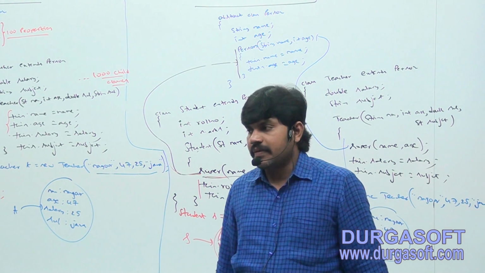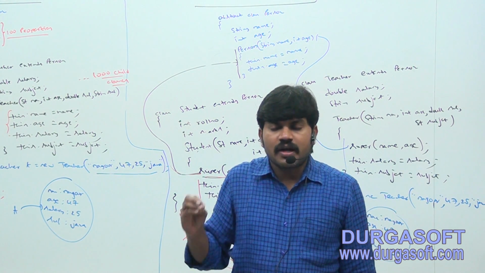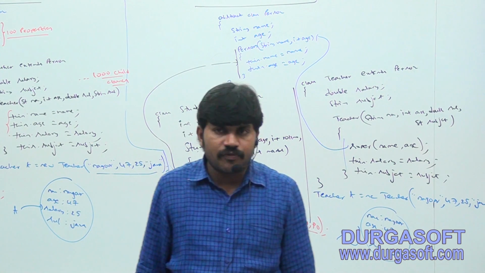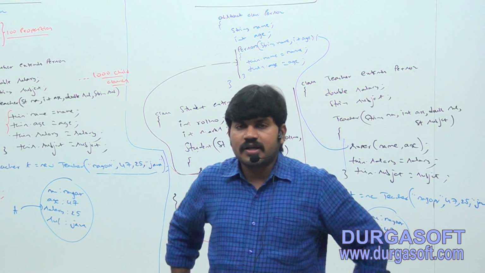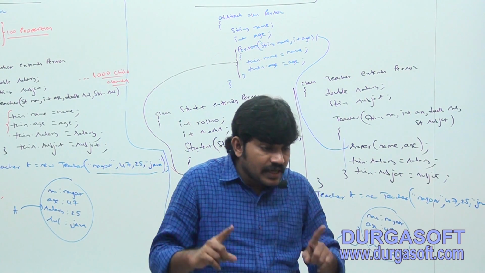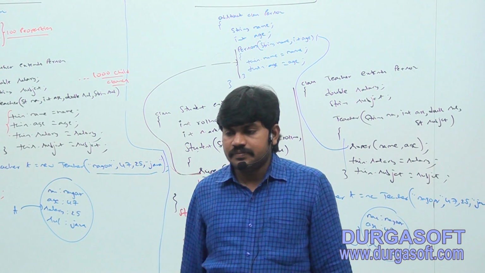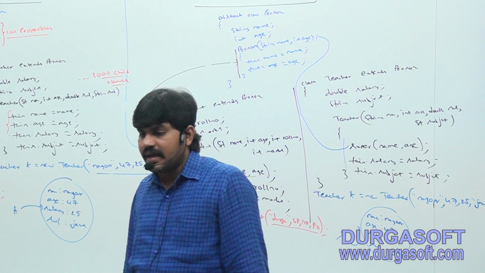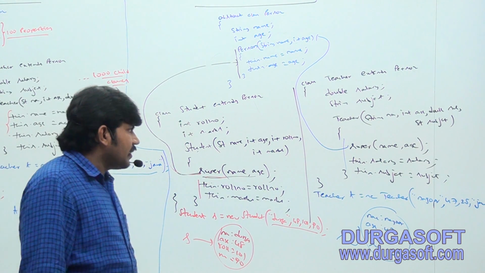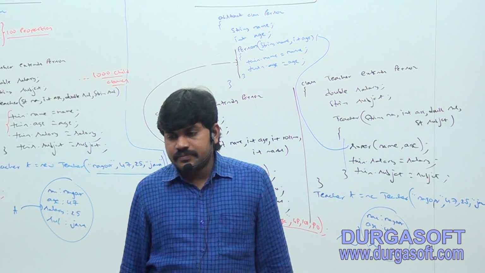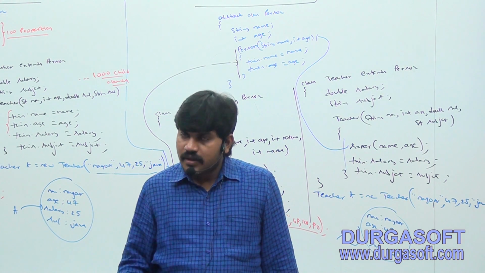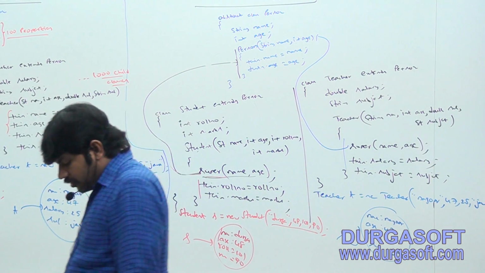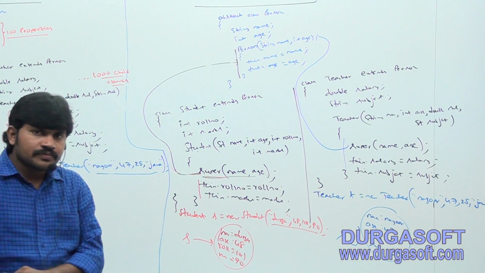Anyway, we can't create an object for an abstract class either directly or indirectly, comma, but an abstract class can contain a constructor.